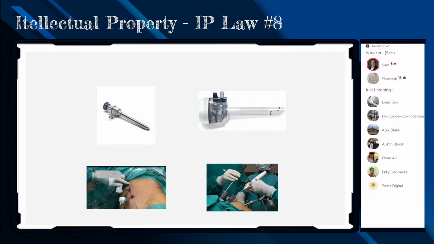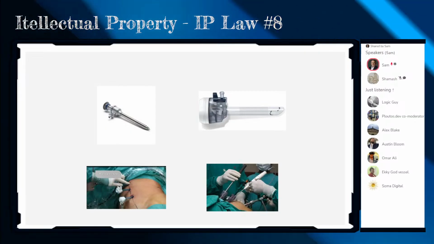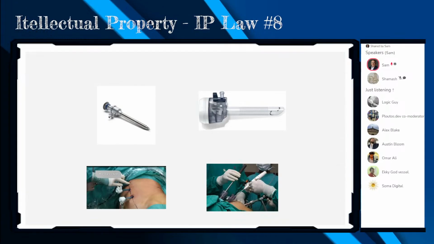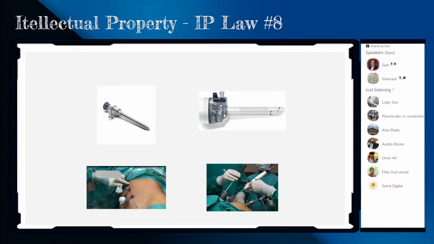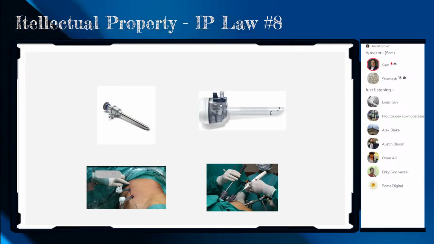So this invention is by a surgeon, an abdominal surgeon, and the trocar of the invention has an electronic system in it that measures the resistance that the tissue is applying to the trocar. And as the surgeon pushes in, the electronics modulate the force that the trocar receives from the surgeon, meaning that the surgeon can apply constant pressure, but the trocar will then change that pressure as it's applied to the tissue.